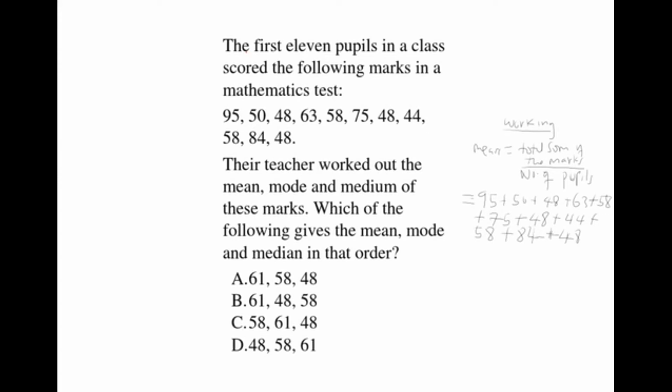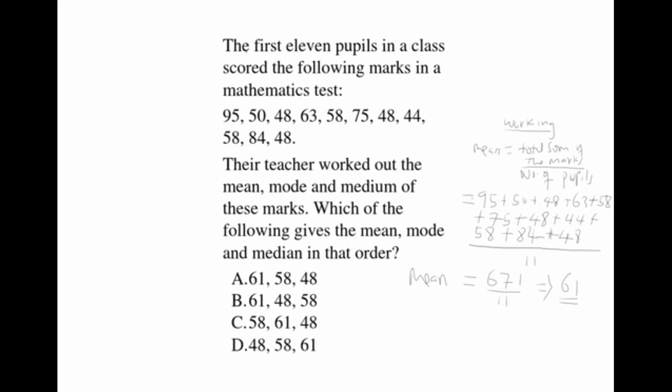When we add up, we're supposed to divide by 11. The number of pupils are 11. So when you add this, you are supposed to get 671. Then we divide by 11. This one will give us 61. So the mean of the marks is 61.